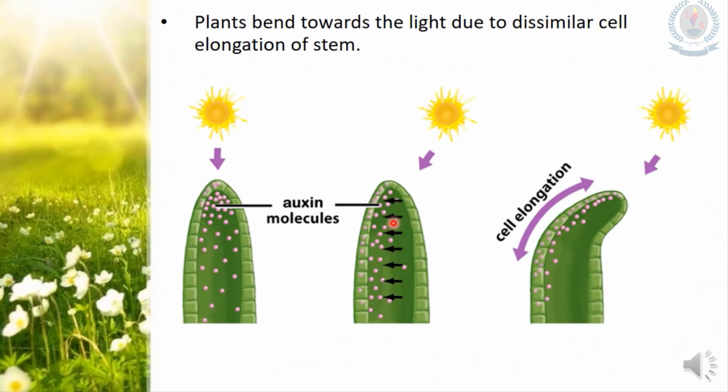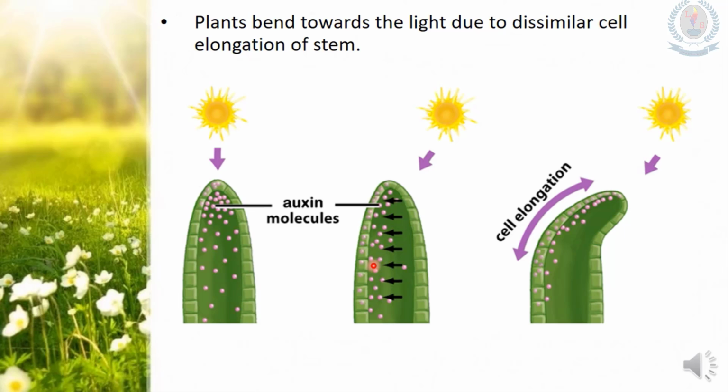So, no auxins to stimulate the side where we are getting the sunlight. So, at that time, auxin is stimulating only one side of the plant. It is stimulating only one side of the plant. So, the cell elongation takes place only on that side.